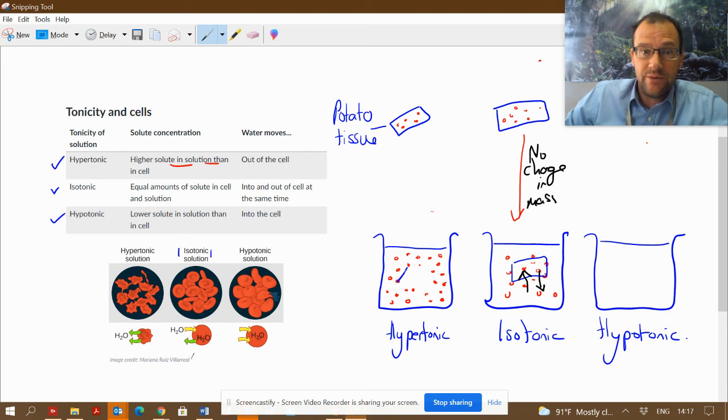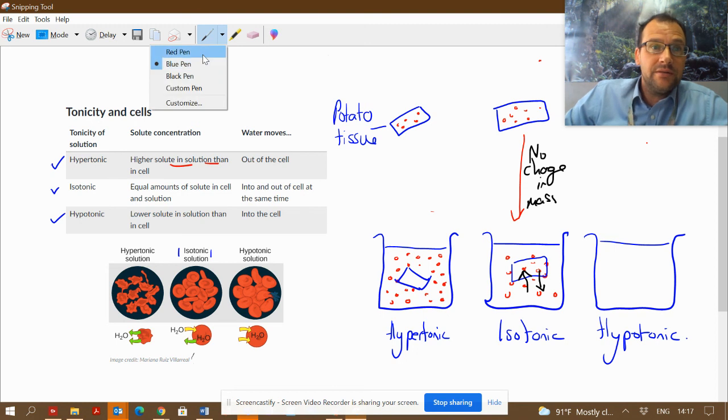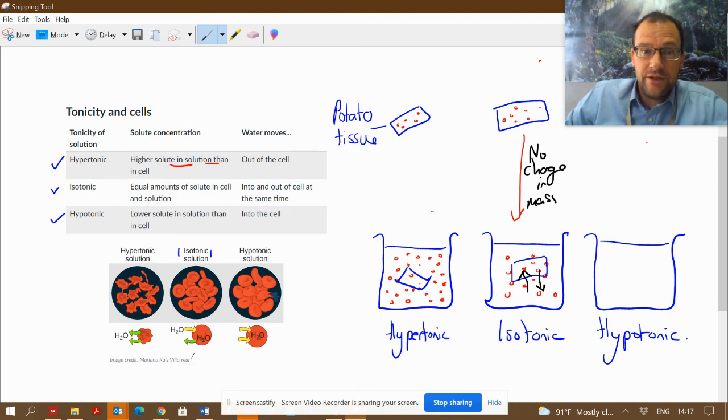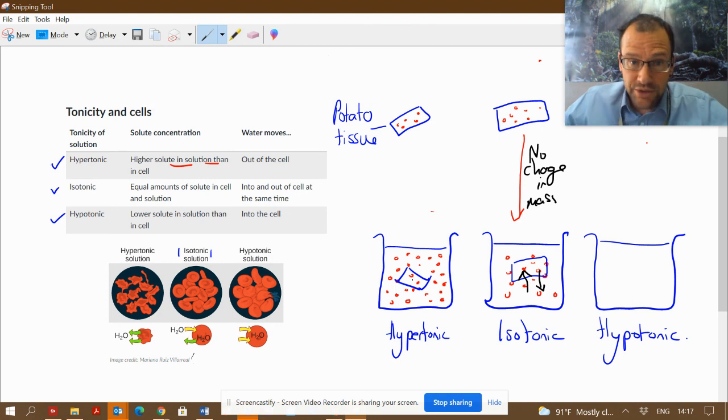So if I put my potato in here, with its not very concentrated tissue, what we then get is water moving out, because we have a high concentration of water inside, or high water potential inside, and low water potential outside.